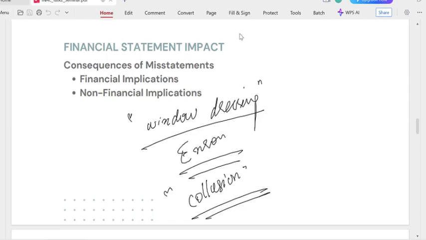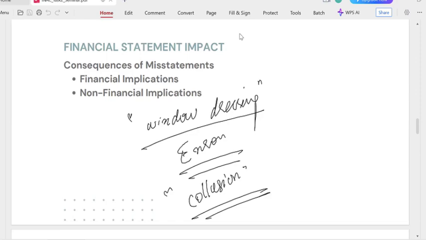Okay, non-financial implications. Your customer, for example, if you are a textile manufacturer and you are providing your goods to retailers like Zara, like H&M.